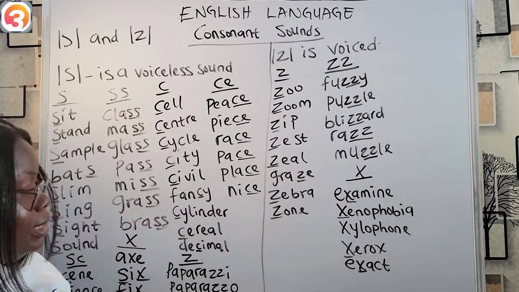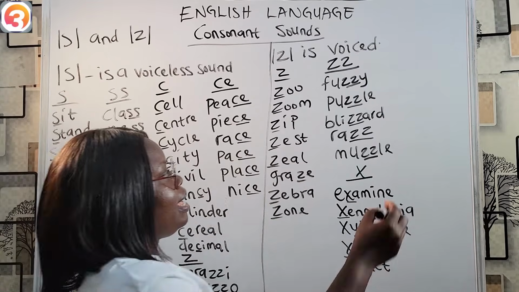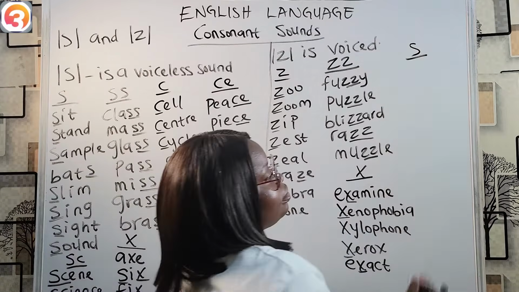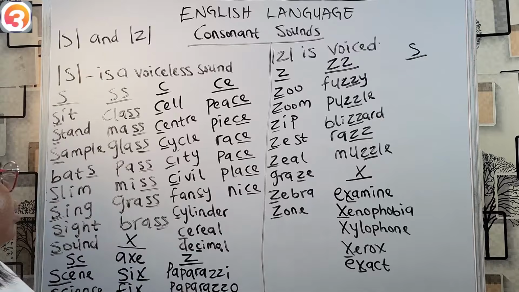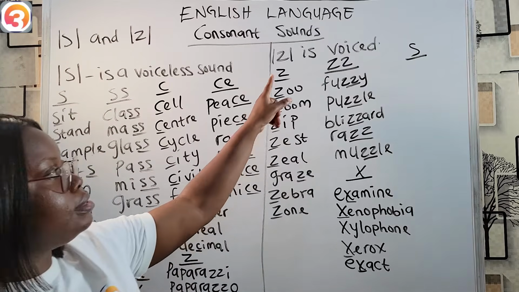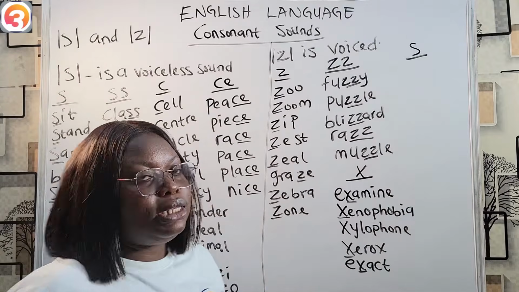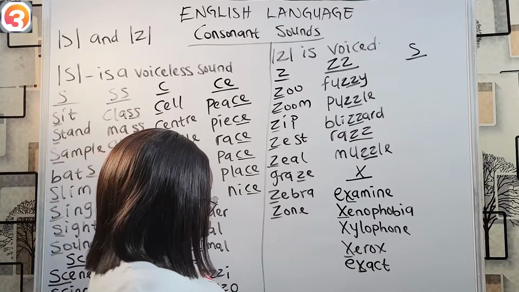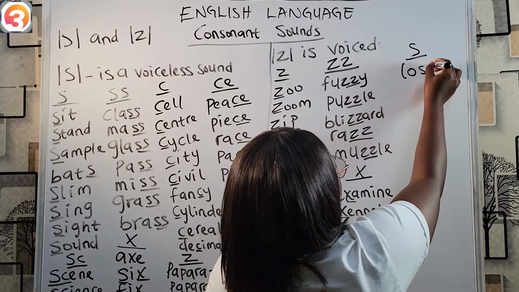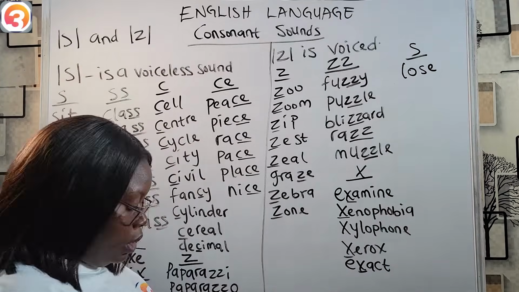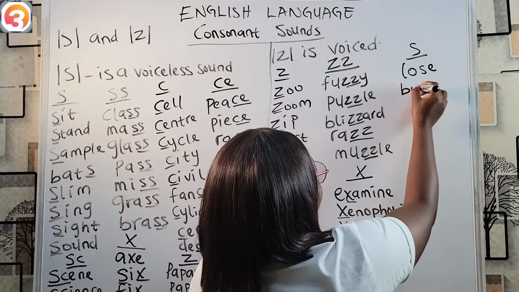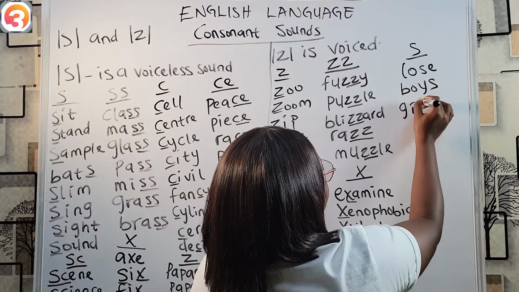We can also find the Z sound in words containing S. Example, lose, the one with one O, lose. Then boys, girls.